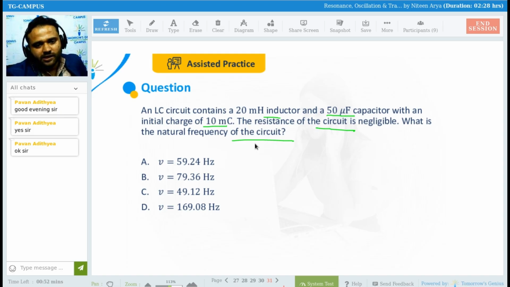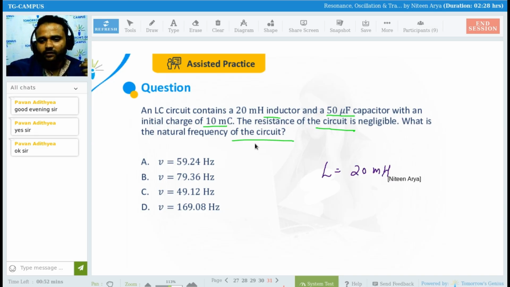And then we are going to discuss the transformer. See, L is given, which is 20 millihenry, and I think you know about milli and micro, I'm not going to write.